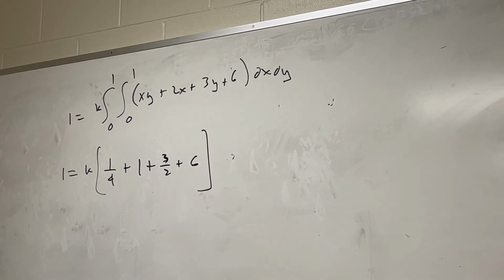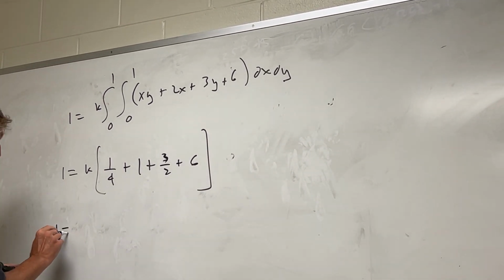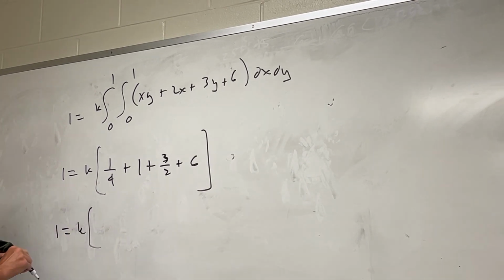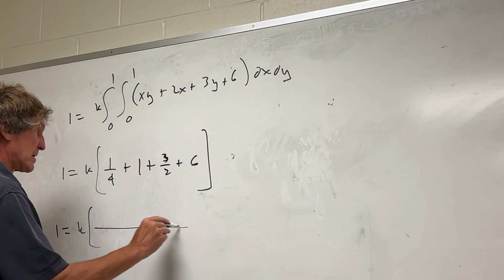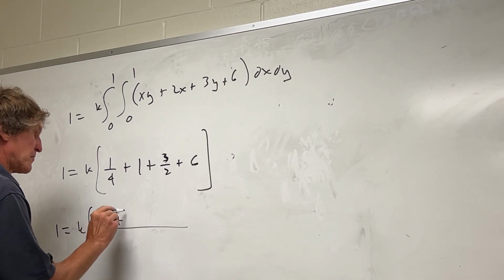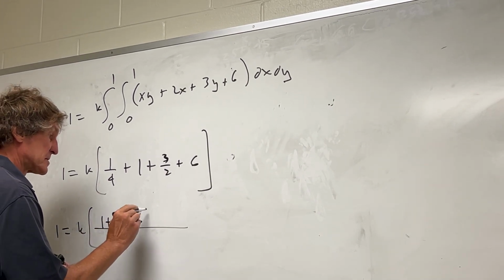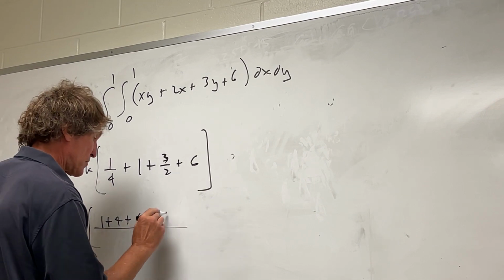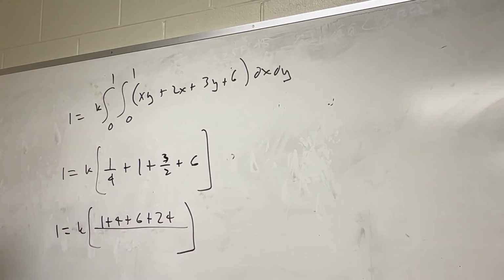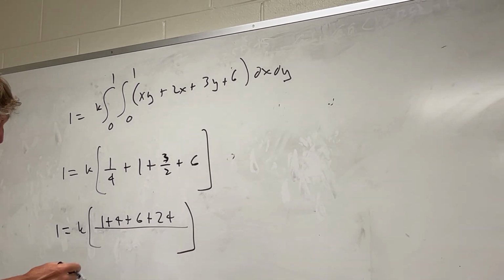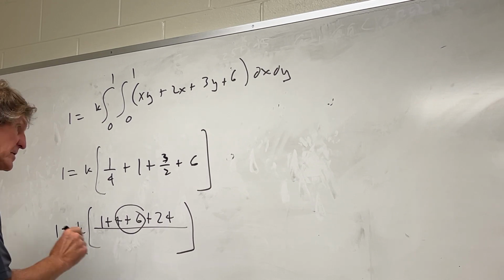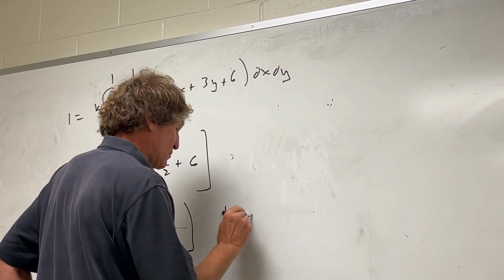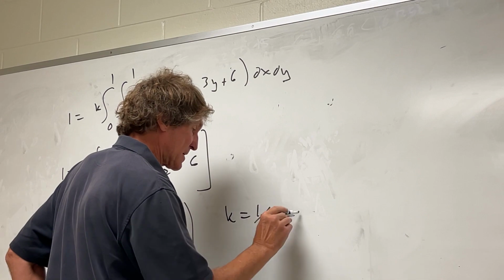So what's k going to be? Let's see. 1 is equal to k times, and we get a common denominator of 4, right? So you get 1 plus 4 plus 6 plus, what is that, 24. Correct, class? And what's that going to be? That's 10, 34, 35, so k is 1/35, it looks like, if I did my math right.